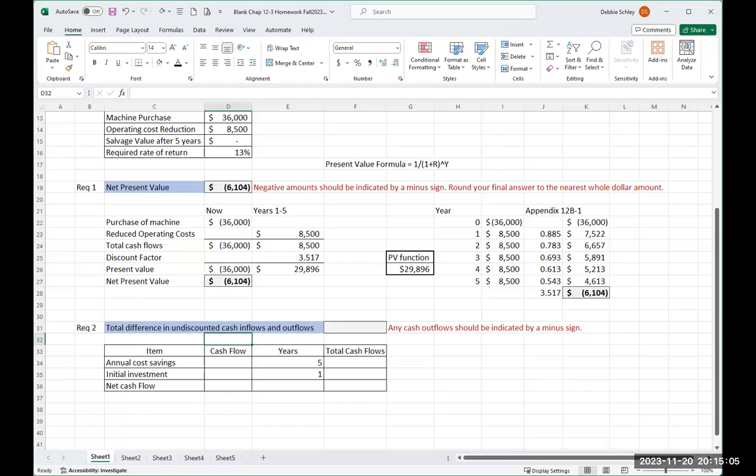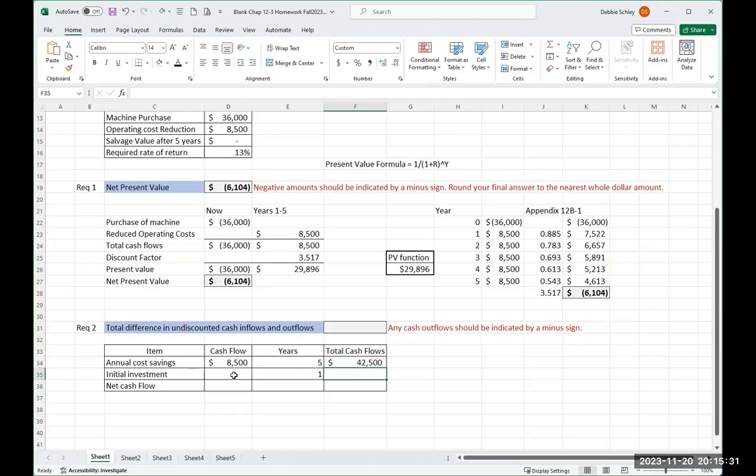So in this question, we take the annual cost savings of 8,500 and times that by 5 years without doing anything to it. There's no discount factors involved. It's just the cost savings times the number of years equals the total undiscounted cash inflow.